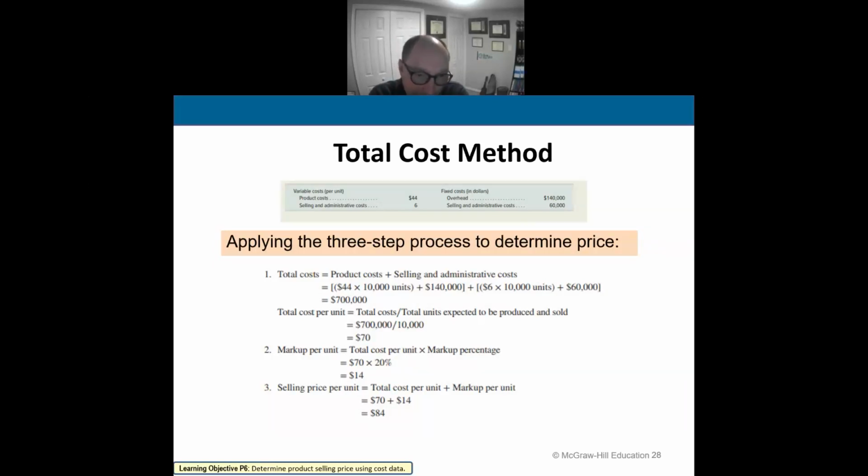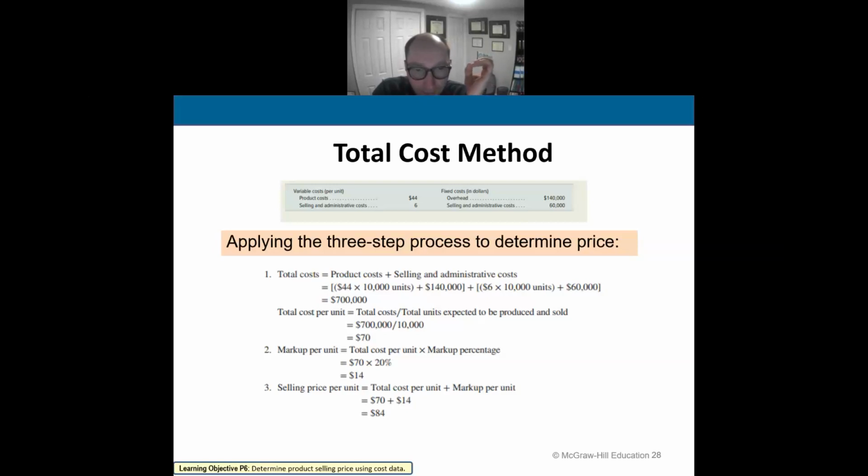Here's an example. My total cost is my product cost plus my selling and administrative expenses. That's how we get it sold, right? That's my total cost. In this example, it's $700,000.